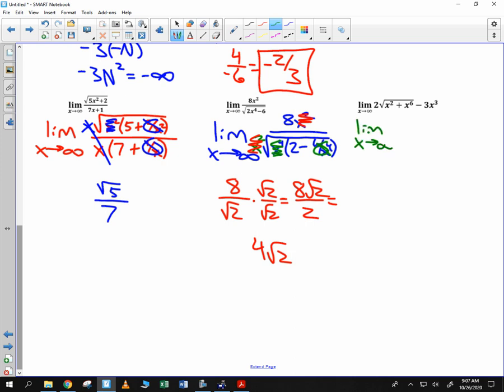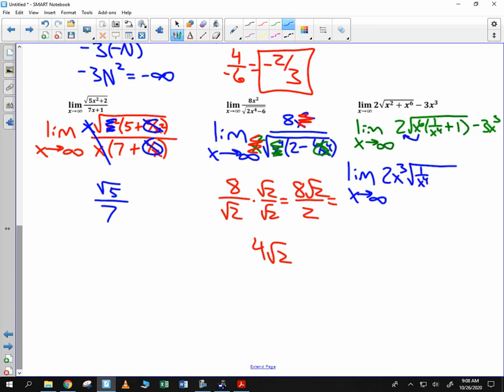Limit as x goes to infinity, we're going to factor out an x to the 6th, 2 roots of x to the 6th times 1 over x to the 4th plus 1 minus 3x cubed. Notice you can put that x to the 6th out front. So limit as x goes to infinity, as I move the x to the 6th out, becomes x cubed times the root of 1 over x to the 4th plus 1 minus 3x cubed.